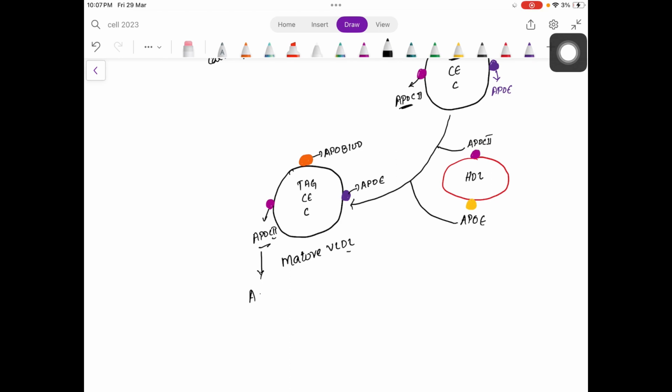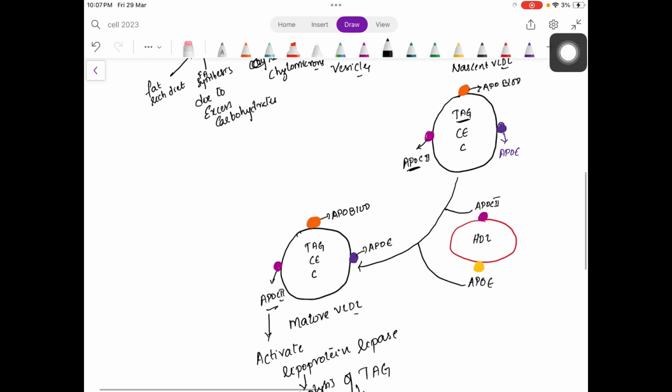What is the function of ApoC2? They will activate lipoprotein lipase. ApoC2 will activate lipoprotein lipase, which causes hydrolysis of triacylglycerol into fatty acids, and these fatty acids are taken up by the peripheral tissue.